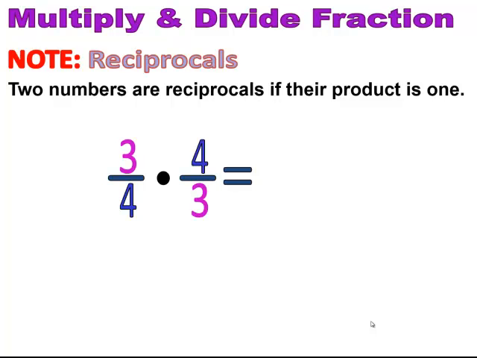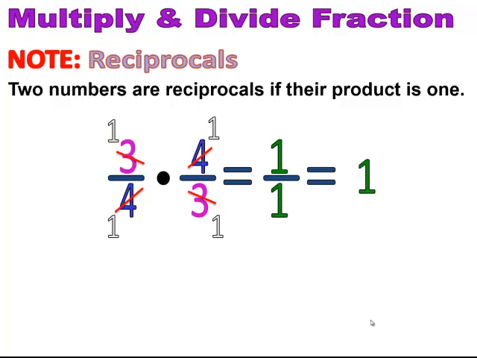Now, a key note here is reciprocals, and reciprocals are really important. When two numbers are multiplied together and their product equals 1, they are reciprocals of each other. So you notice here I have a fraction 3 over 4 and it's being multiplied by 4 over 3. And if I multiply them, using the rule, I simplify first and multiply across, I'll end up with 1 over 1, which equals 1.